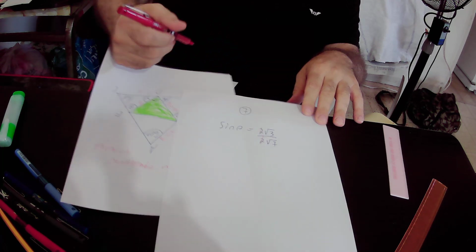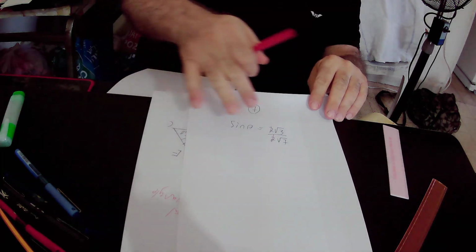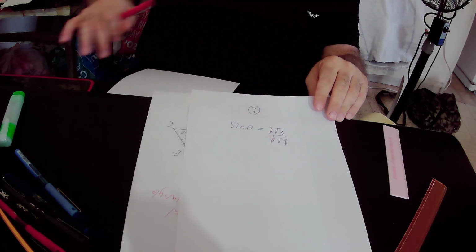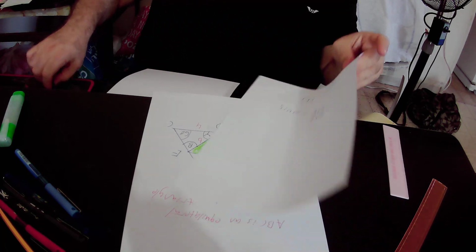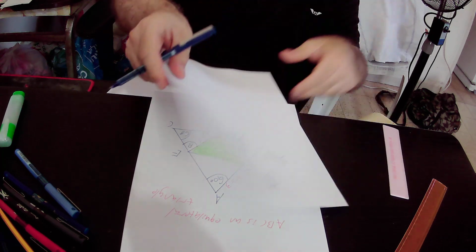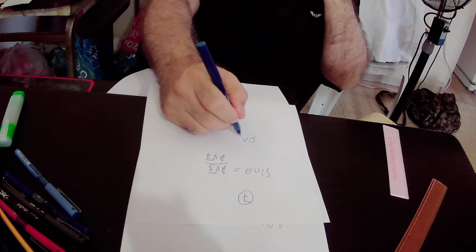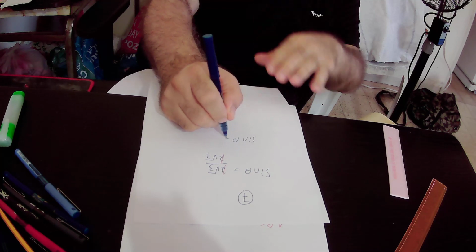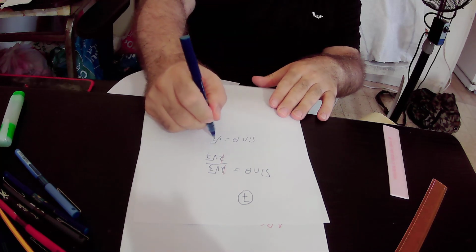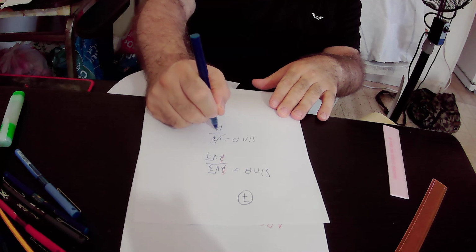So sinus theta equals the root of 3 over root of 7.